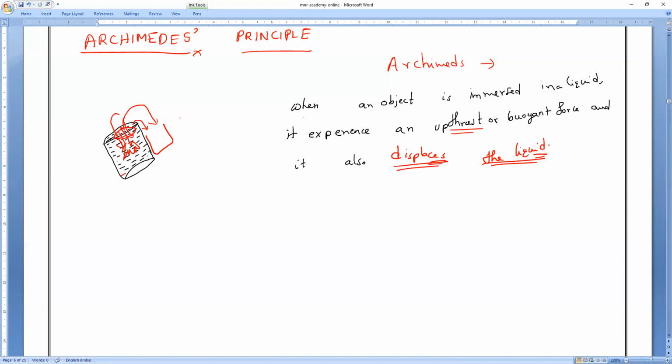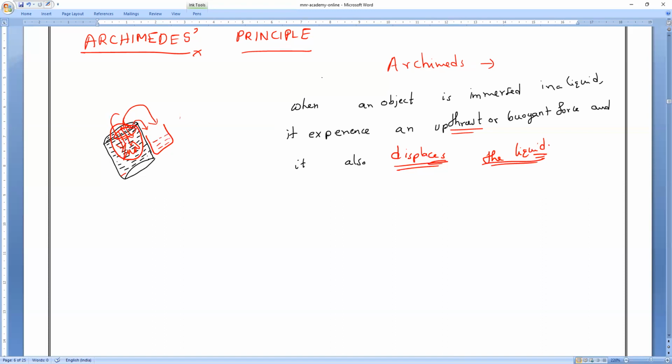That is the question now. The weight of that displaced liquid is equal to the weight of the immersed object. That is what we call Archimedes principle.